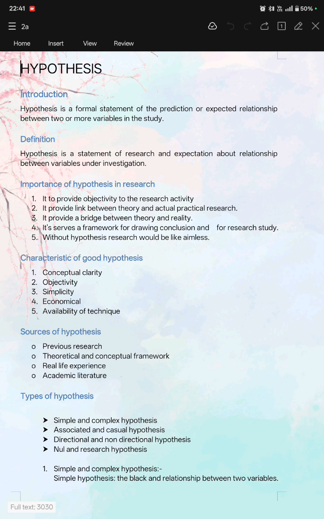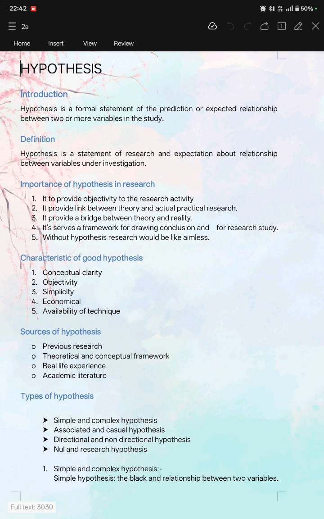Next, importance of hypothesis in research. There are five importance of hypothesis in research. Characteristics of good hypothesis. There are five characteristics of good hypothesis: conceptual clarity, objectivity, simplicity, economical, availability of technique. Sources of hypothesis.